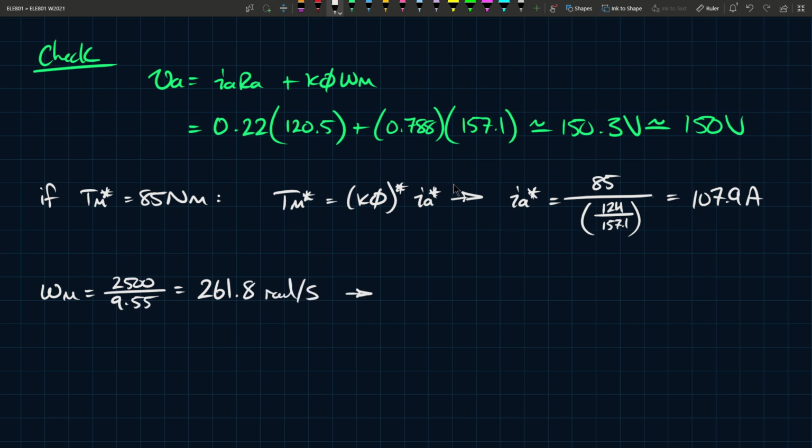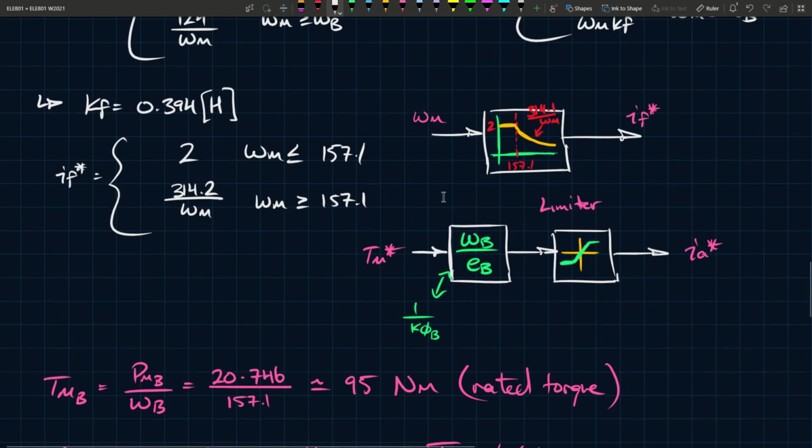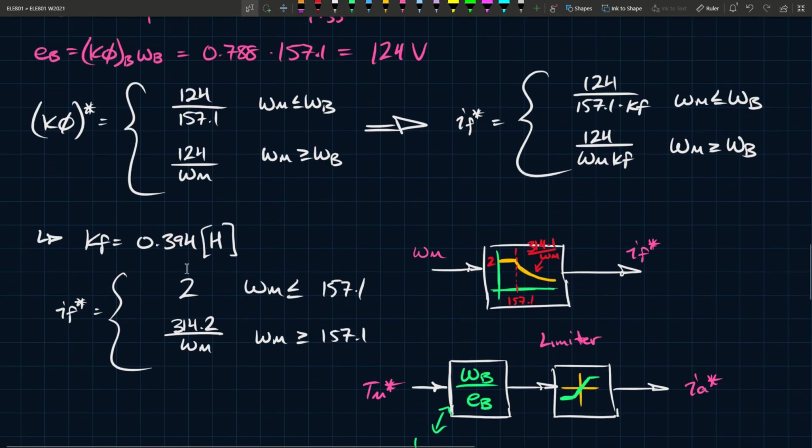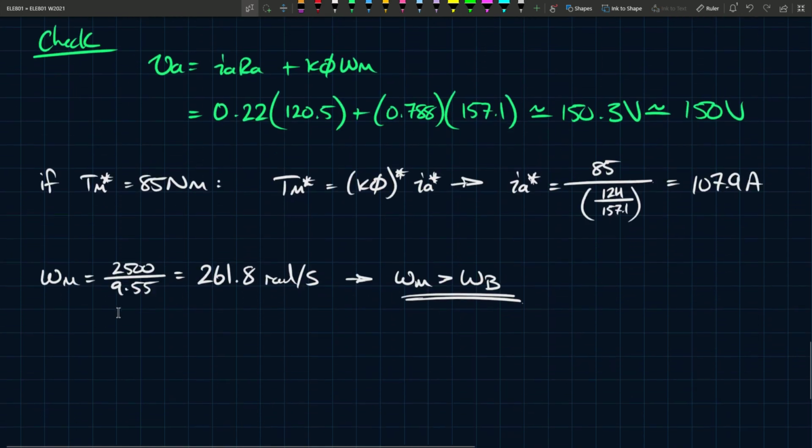And this implies that omega M is greater than omega B. It's not a check, we're telling you what it is. And this means that you have to be in the constant power region of operation. You can't be in the constant torque region. So you have to apply these characteristics. You can't say that it's just 2. It has to be this for IF star.